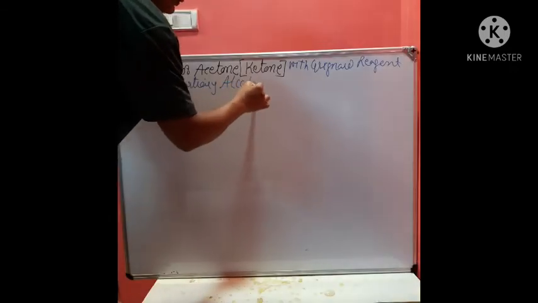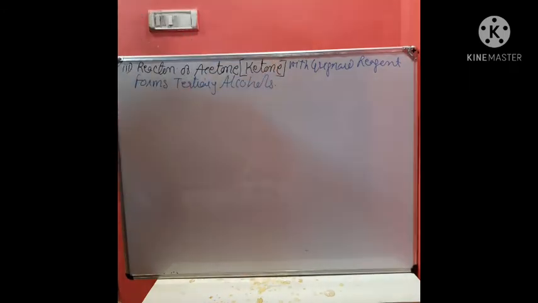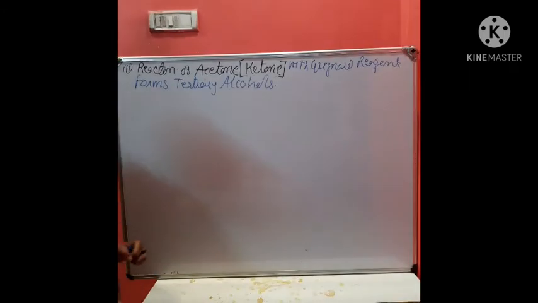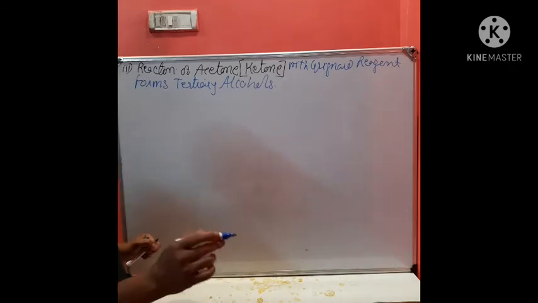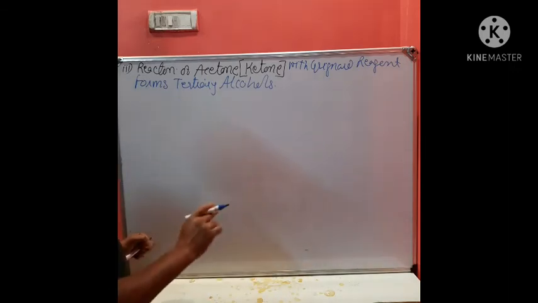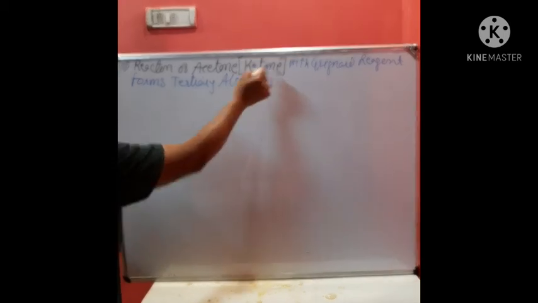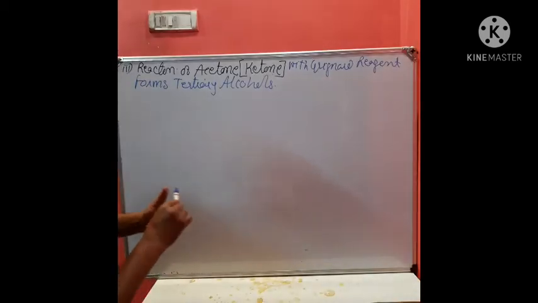That means when formaldehyde reacts, it forms a primary alcohol. When acetaldehyde reacts, it forms a secondary alcohol. But when a ketone reacts, it forms a tertiary alcohol.